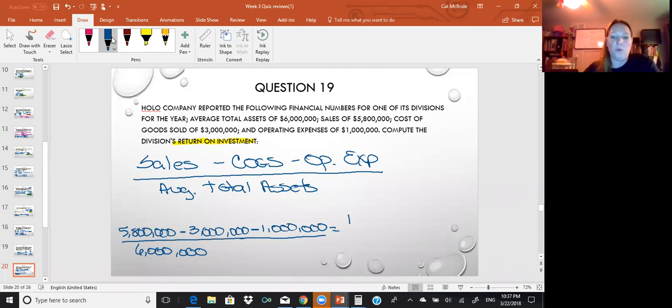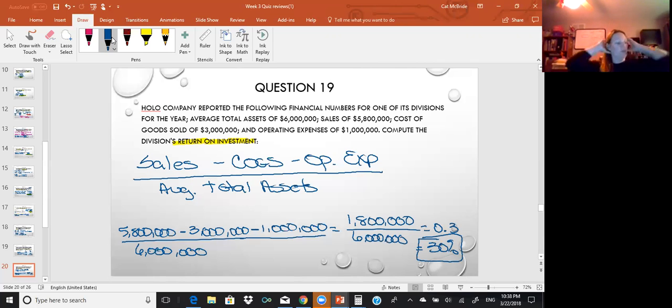So that equals 1,800,000 divided by 6 million, which equals 0.3 or 30%. Just a financial ratio. Are we good there?